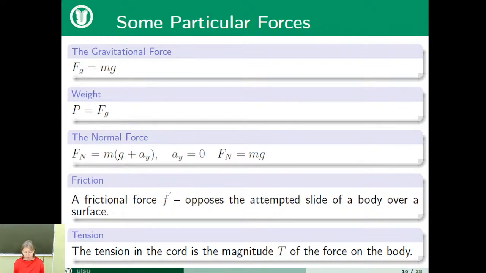In words, the magnitude of the gravitational force is equal to the product of m and g, the free-fall acceleration.